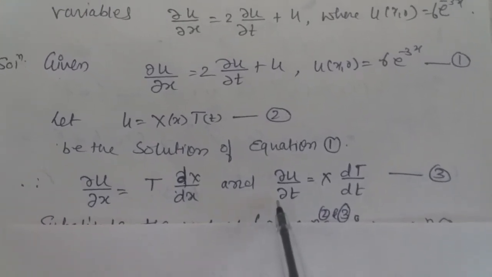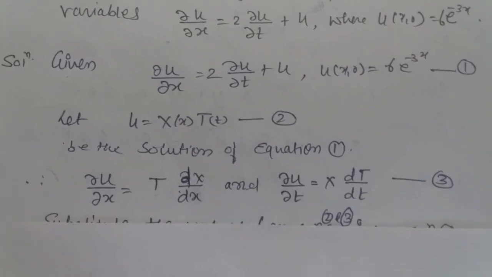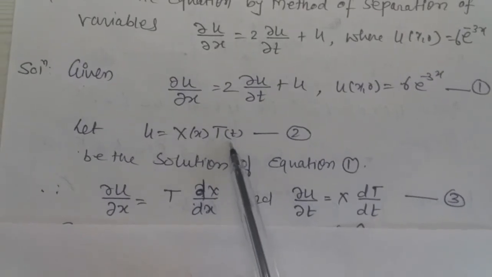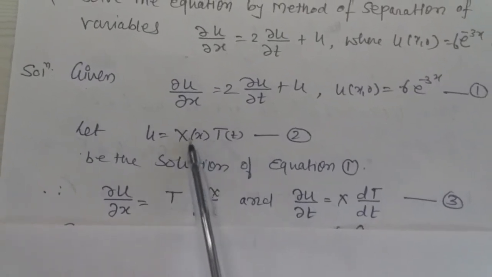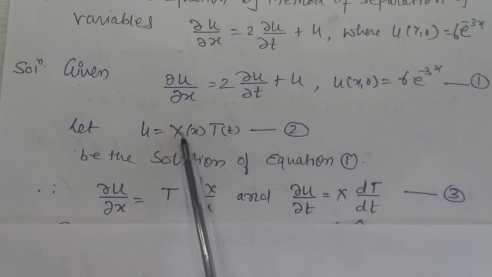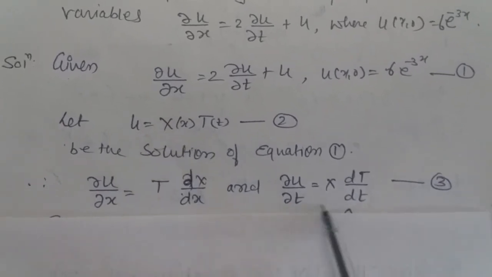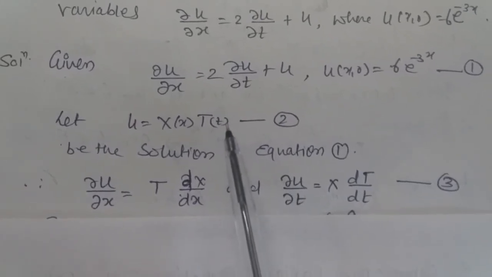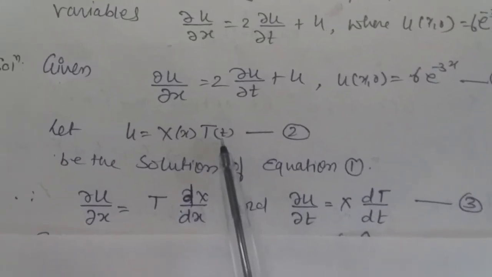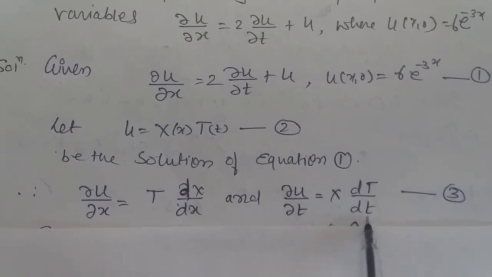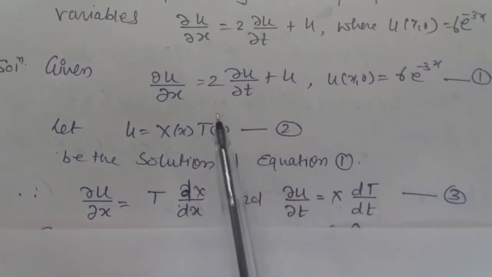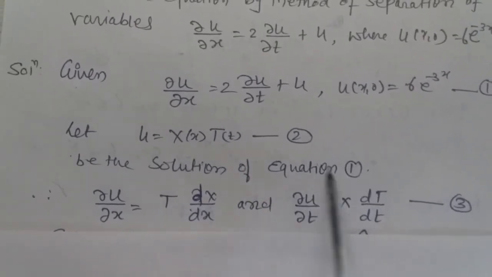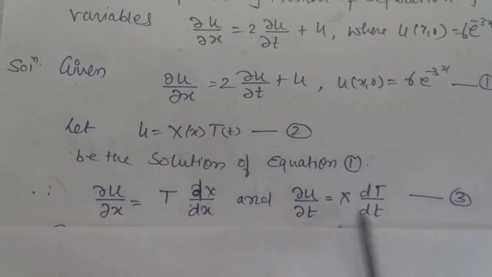And similarly del u by del t, the partial derivative of u with respect to t. In this case capital X is a function of small x, therefore it is constant, and therefore we multiply capital X, and the partial derivative of capital T with respect to small t is dT by d small t. Again T is a function of the single independent variable small t, therefore the partial derivative is the same as the ordinary derivative.